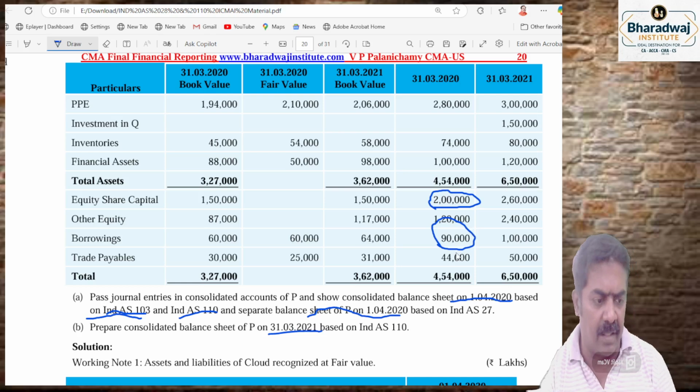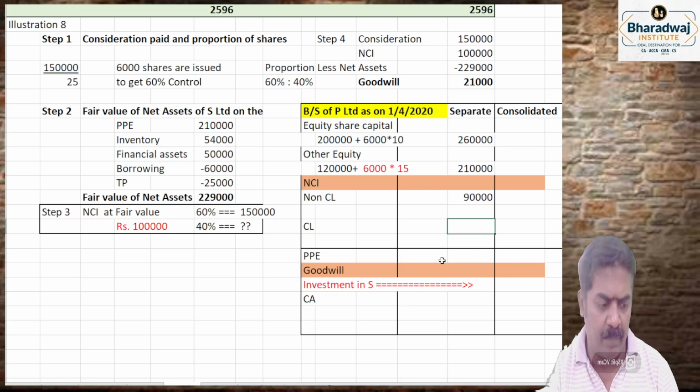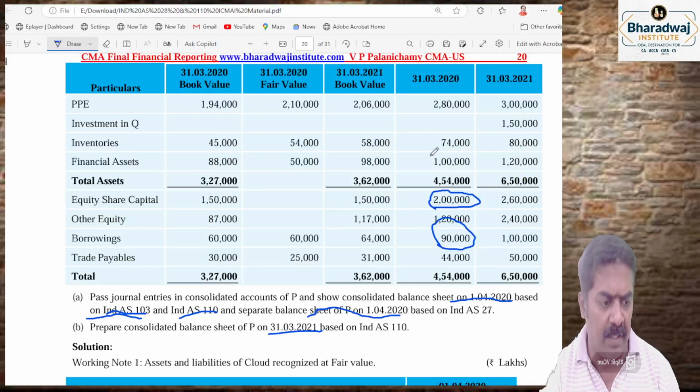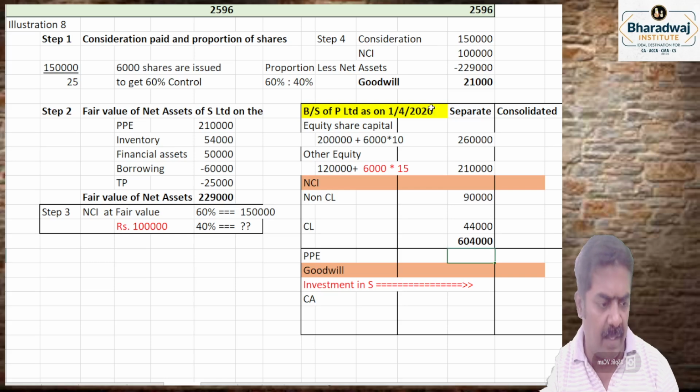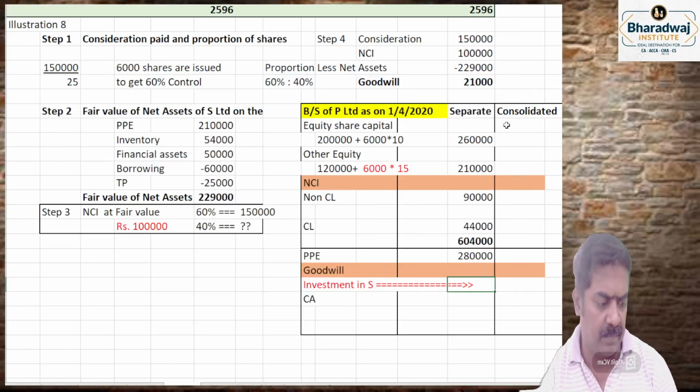Current liability, how much is given? Plant, property, equipment at the beginning of the year, 2,80,000. Investment in S, how much will come? 1,50,000, subsidiary.